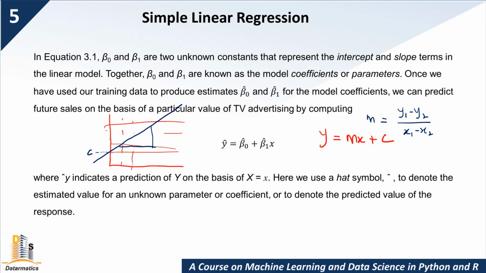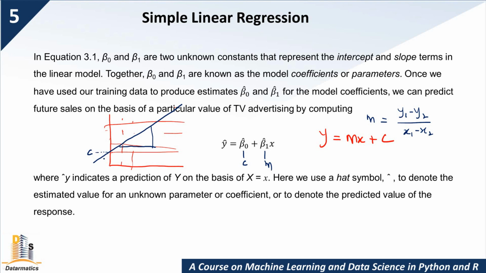M is the slope and c is the intercept. But in linear regression, beta 0 corresponds to c and beta 1 corresponds to m. So it's basically the same thing. We plot this data set and find the slope of this graph and also find the intercept on the y-axis.